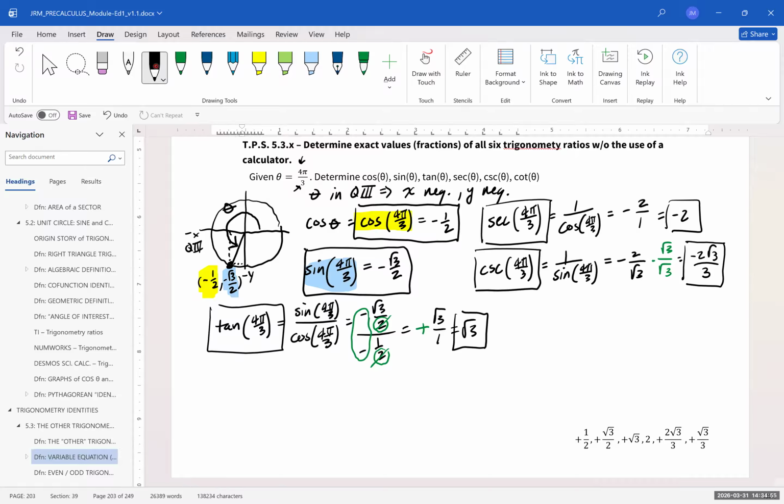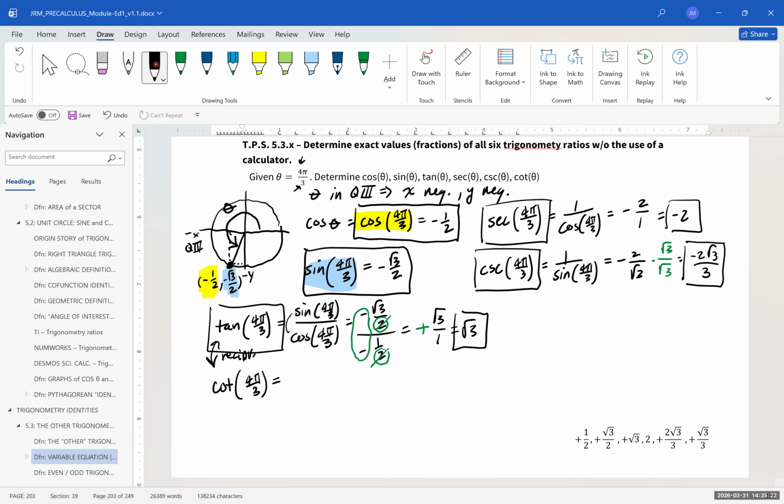All right, and cotangent of 4 pi over 3 is going to be equal to 1 over tangent. But let me give this opportunity to say there's another way we could write it. Remember that tangent and cotangent are reciprocals, right?